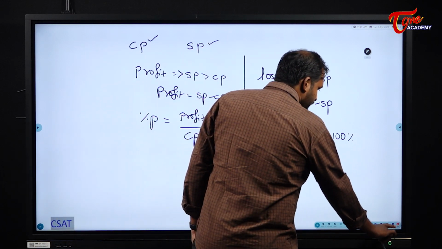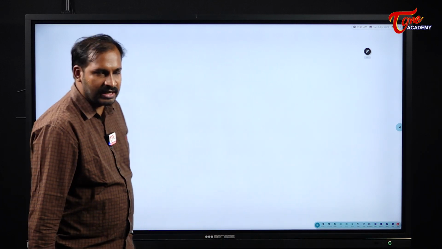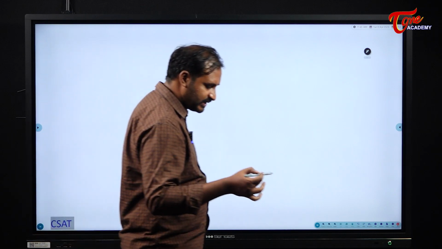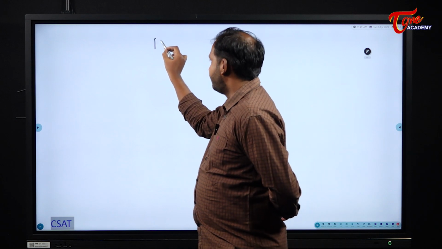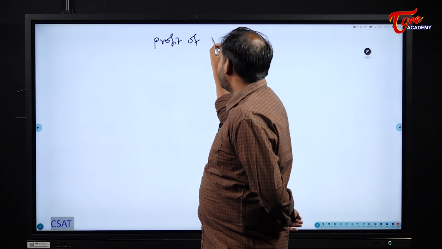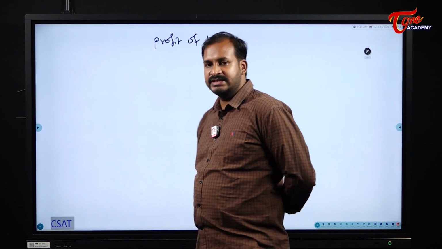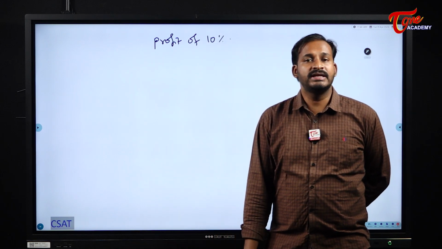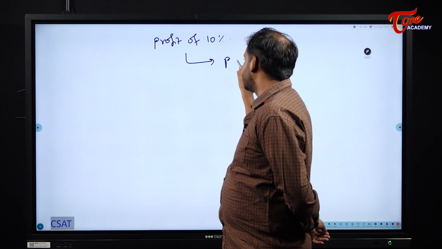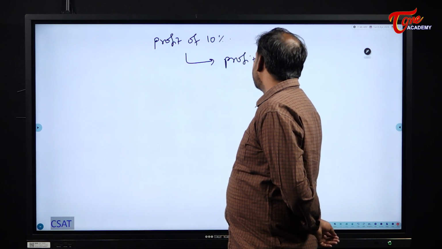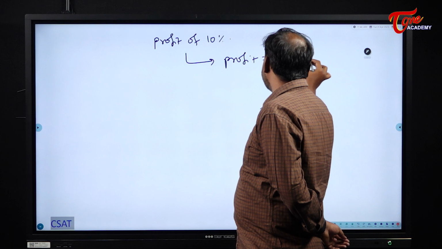Next, whenever in the questions they mention that in a business there is a profit of 10 percentage, what is the actual meaning behind that is, profit of 10% means profit is equal to 10 percentage of CP.